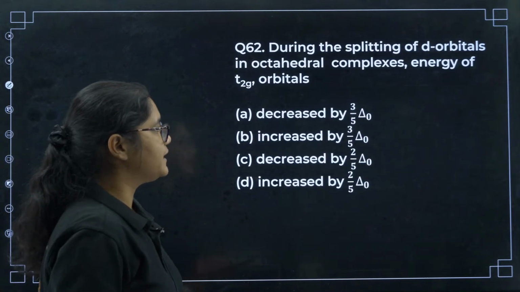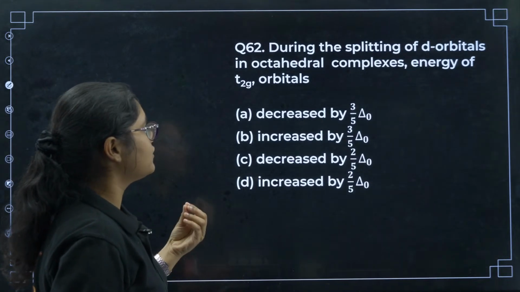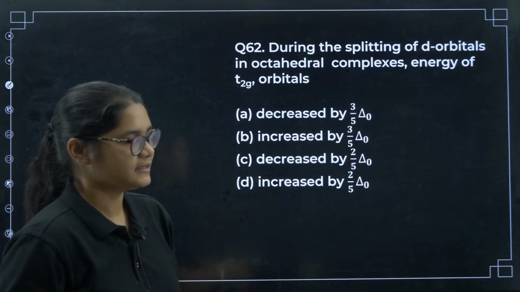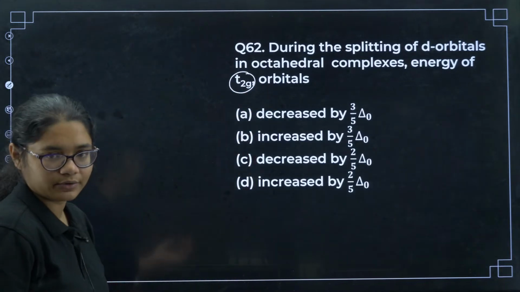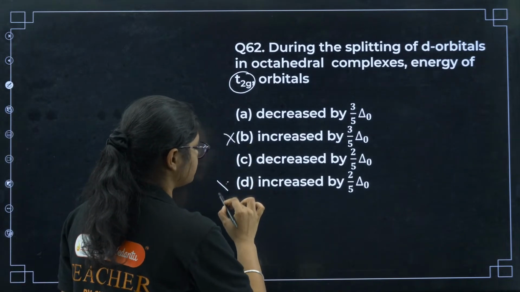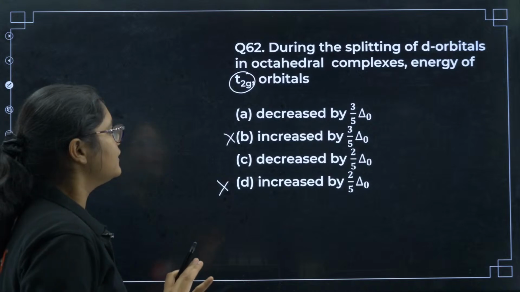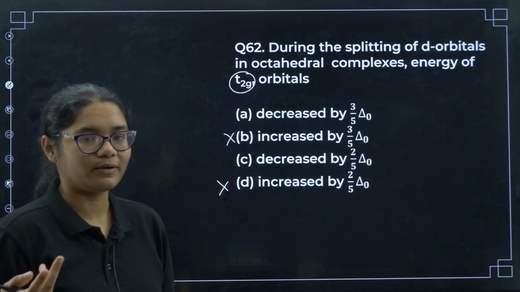Next, during the splitting of d orbitals in octahedral complexes, the energy of t2g orbitals is. If you remember, first of all, t2g is below, so its energy will decrease. So eliminate these two options. Now what will happen? Is it by 3/5 delta O or 2/5 delta O?